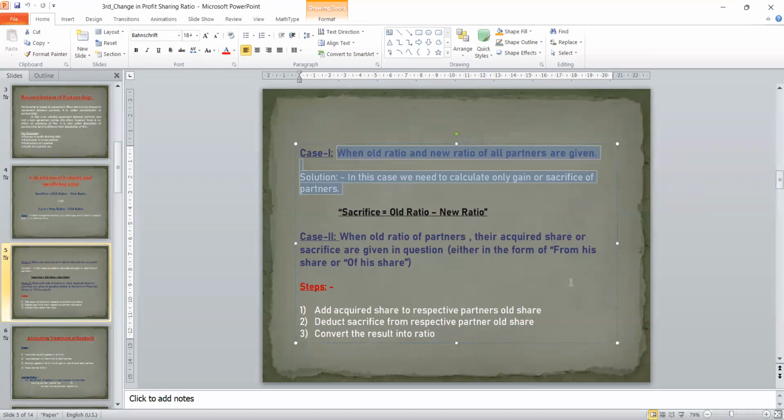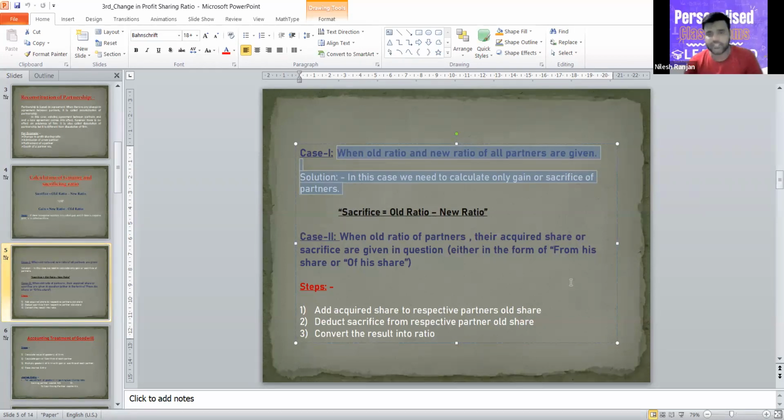So we have to calculate only gain or sacrifice. That's why I told you to read the first case and second case, because two types of information related to ratio can be given in the question. First, where old ratio and new ratio are given, so you have to calculate sacrifice or gain. And when old ratio and sacrifice or gain are given, then you have to calculate the new ratio.